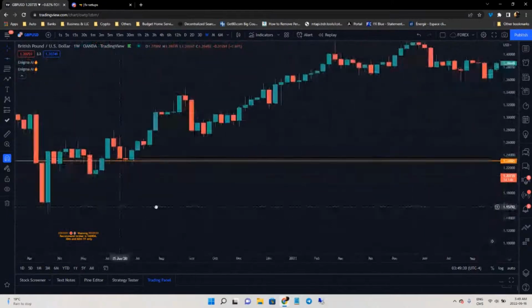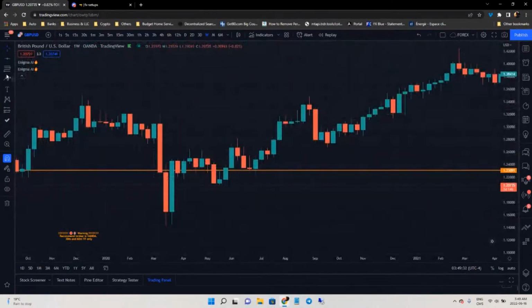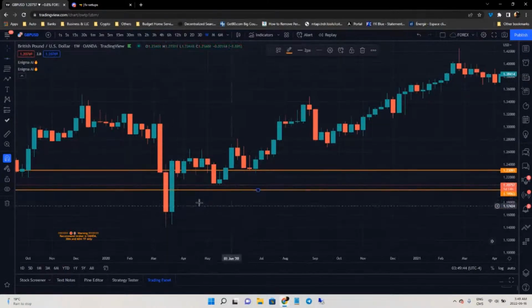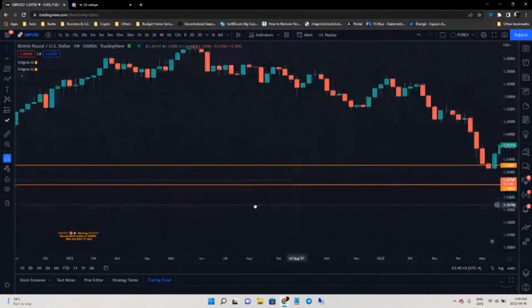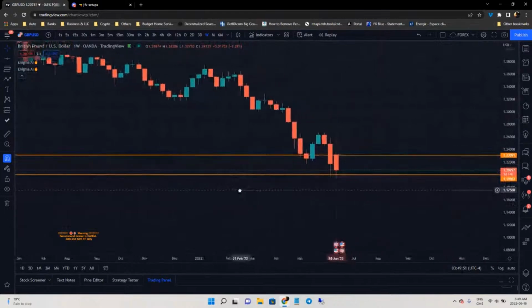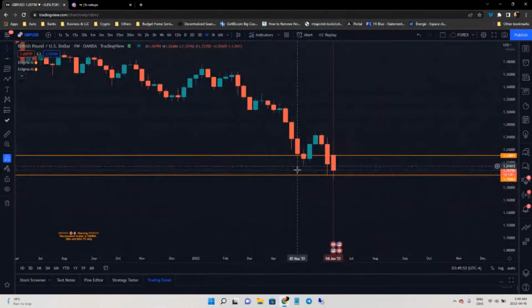Okay, so I'm expecting to have the price go at least at 50% of that candle. Okay, so 50% would be roughly around here. So I'm going to put a line right here and see if we have a zone for your take profit.